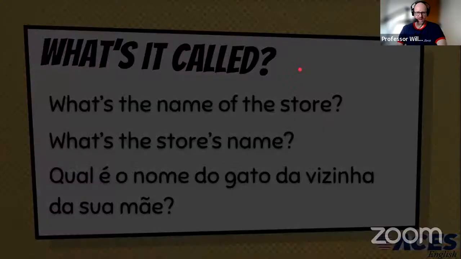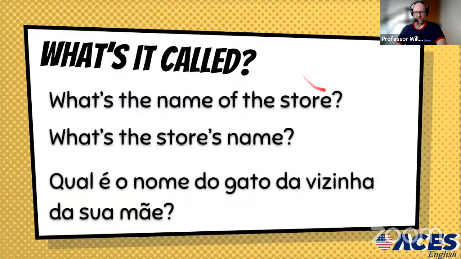Okay. So we had here. Oh, I wanted to go through this. How do we say this? Qual é o nome do gato da vizinha da sua mãe? Qual é o nome do gato? What's the color? The cat, neighbor, your mother neighbor.